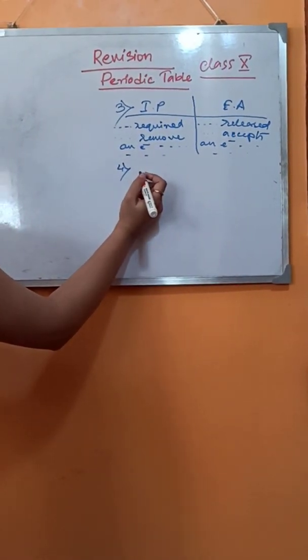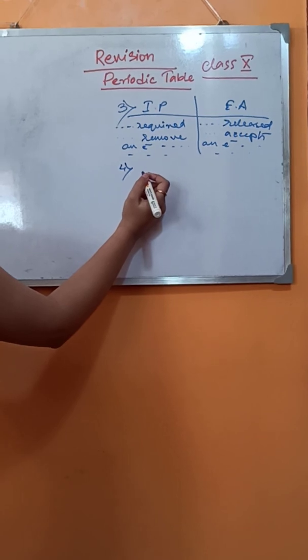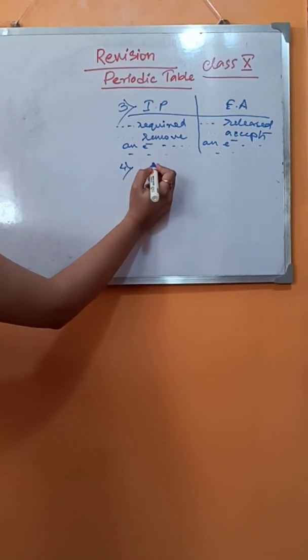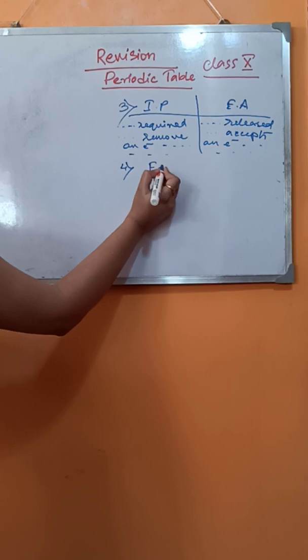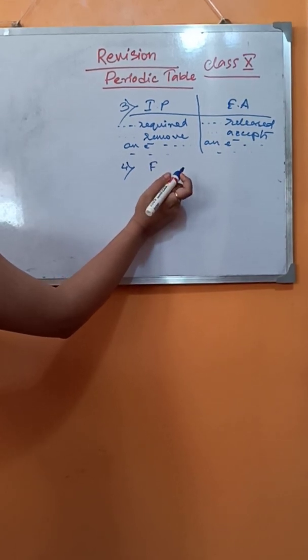Your next question is, name the most electronegative element in the periodic table. The most electronegative element in the periodic table is fluorine. And why?